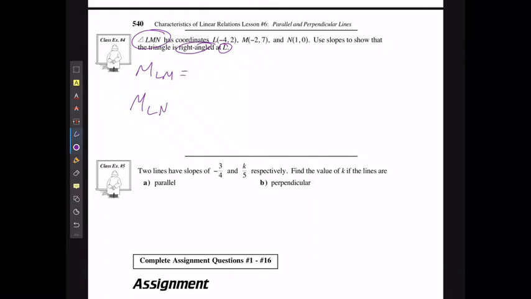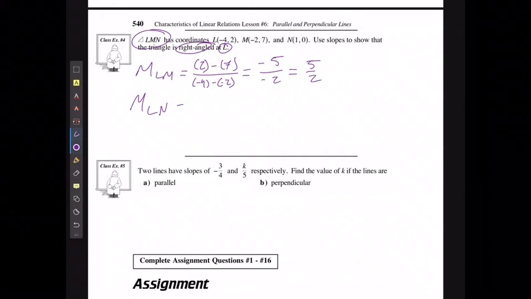So for L to M, I'm going to say that I have 2 minus 7 on the top, and I have -4 minus -2 on the bottom. And that is going to give me -5 over -2, or just 5 over 2.